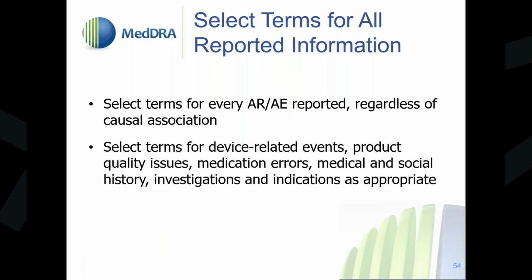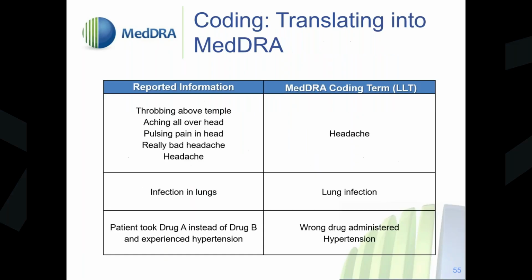And of course, not every possible option available for the end user exists in MedDRA because people talk in their own way. Somebody could report a headache as a throbbing above the temple, or an aching all over the head, or a pulsing pain in the head. We can't add possibilities in MedDRA as headaches for every single way that somebody can convey that.